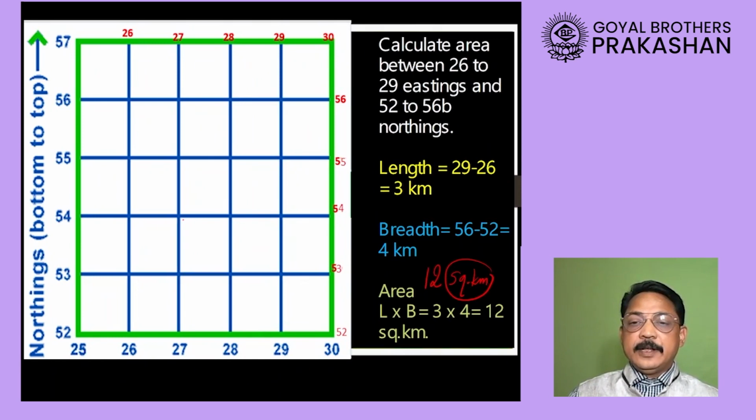If you write here 12 square centimeter on map, it is right, but the question is asked to find the distance on ground, and while writing there 12 square centimeter on ground, it will go wrong. The question is 12 square kilometer where? On ground. Okay, 12 square kilometer on map will be wrong. I hope this point is clear to you.